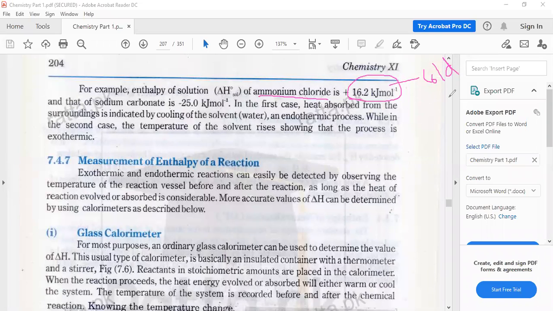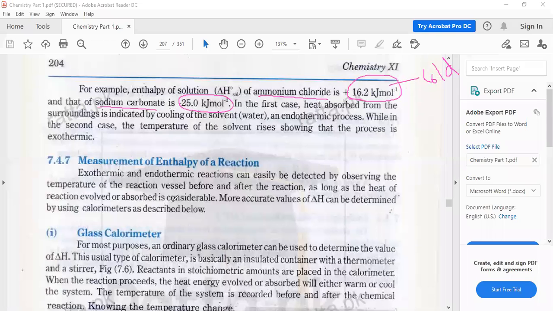Your container, your system will be cooled down. When you are dissolving sodium carbonate, then heat will evolve. And your container in which you are mixing your solution will heat up, because minus 25 kilojoule per mole of energy is evolved from that system.